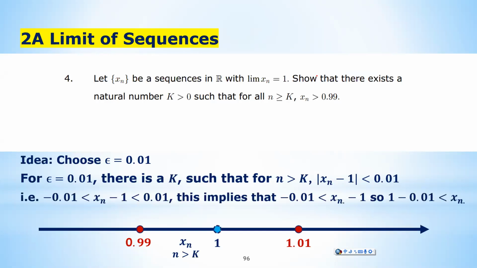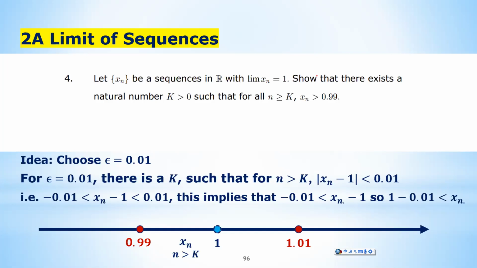You get that xn minus 1 is greater than minus 0.01 and less than 0.01. Once you remove the absolute value sign, you get two inequalities, the left side and the right side. For our purpose, we want to control xn from below, so we use the left inequality.